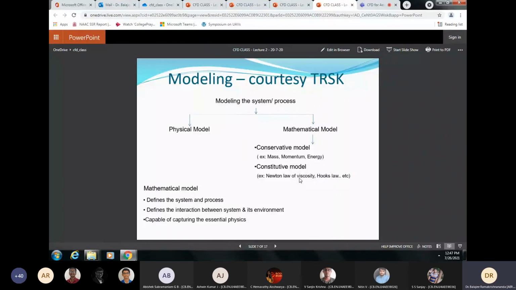The output of the mathematical model can give the interaction between system and its environment, because it differs from problem to problem. Then the mathematical model is capable of capturing the essential physics. This is the most important point, because whatever approximations are made in the physical model, the mathematical model should be able to essentially capture the physics.